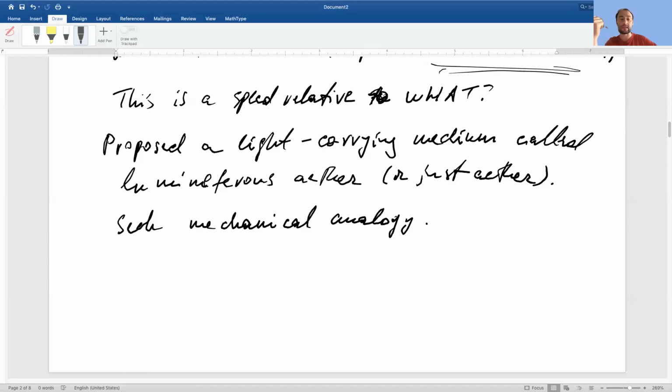And the most famous experiment in this regard was conducted on the campus of what is now Case Western Reserve University in Cleveland by Michelson and Morley in 1887.